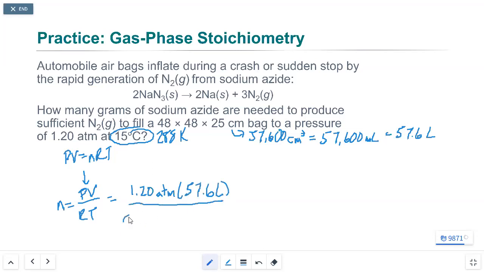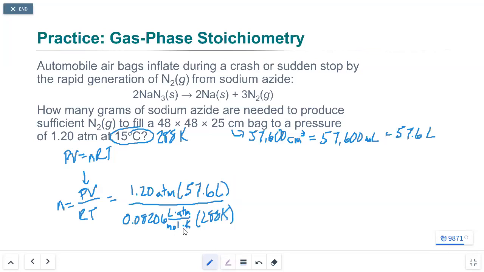Value of R, still 0.08206 liter atmospheres over moles times Kelvin. 288 Kelvin is my temperature.